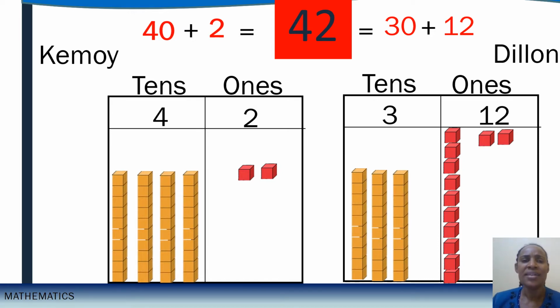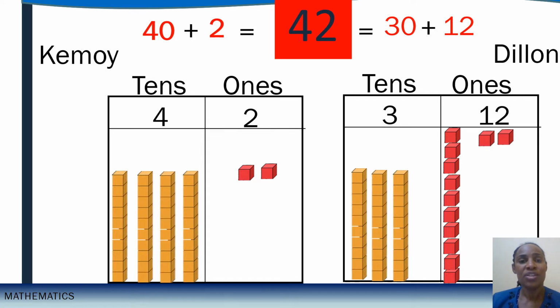Do you think Dylan could have represented the 12 units another way? How? Amazing, boys and girls. If you said Dylan could have represented the 12 units as 1 ten and 2 ones, that is correct.